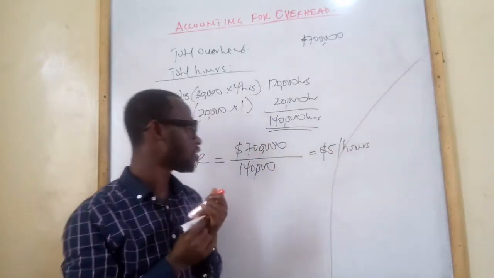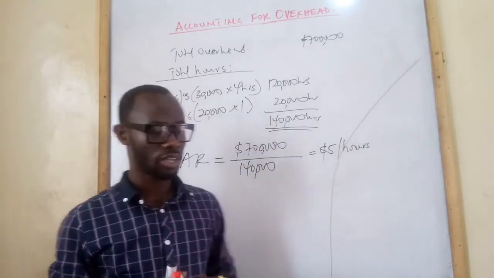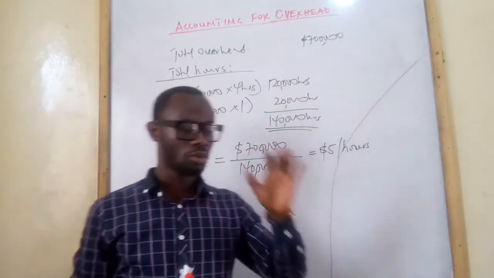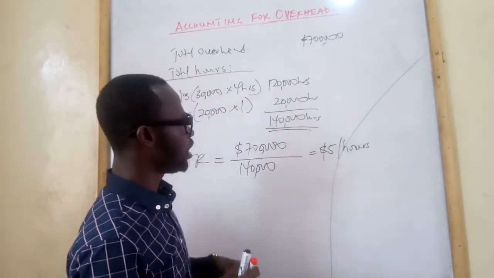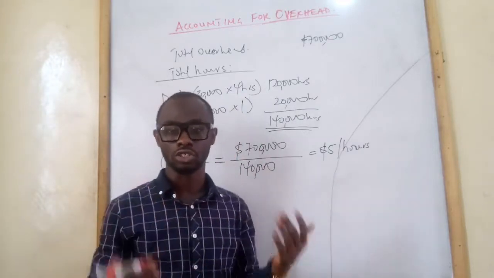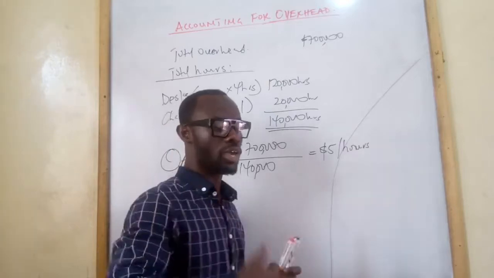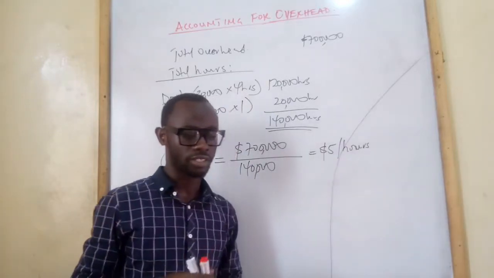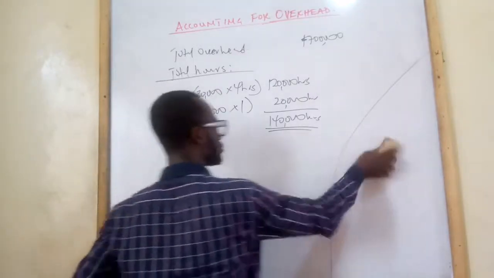So 700,000 over 140,000, that will give us $5 per hour. So based on the $5 per hour, the question will be, how do we now calculate the cost of the chair and then the cost of the desks in the organization, and how do we even absorb these overheads into the products?